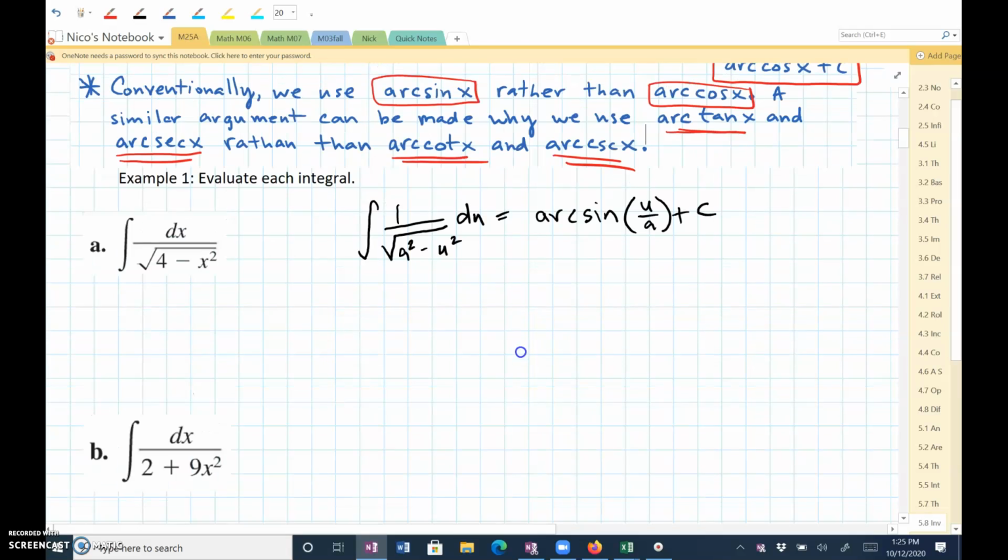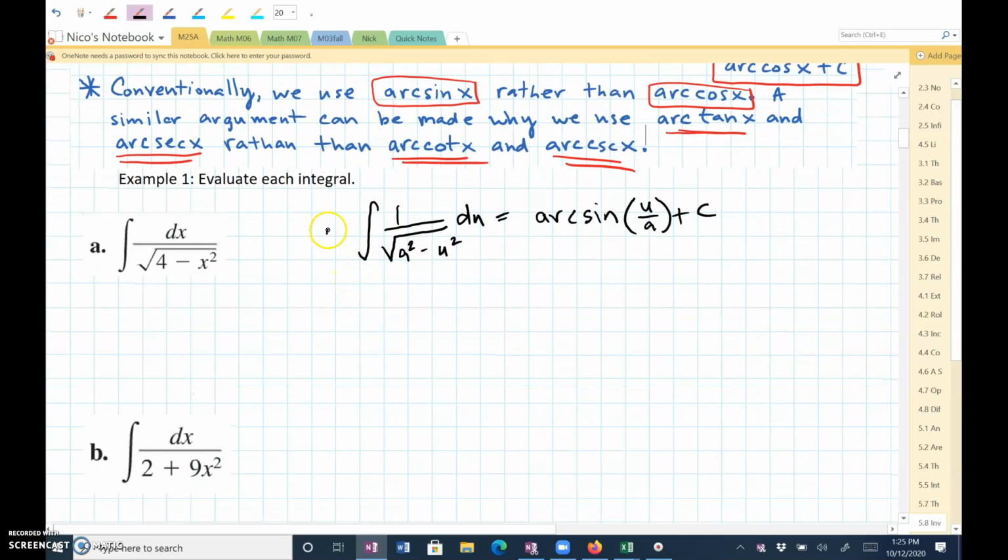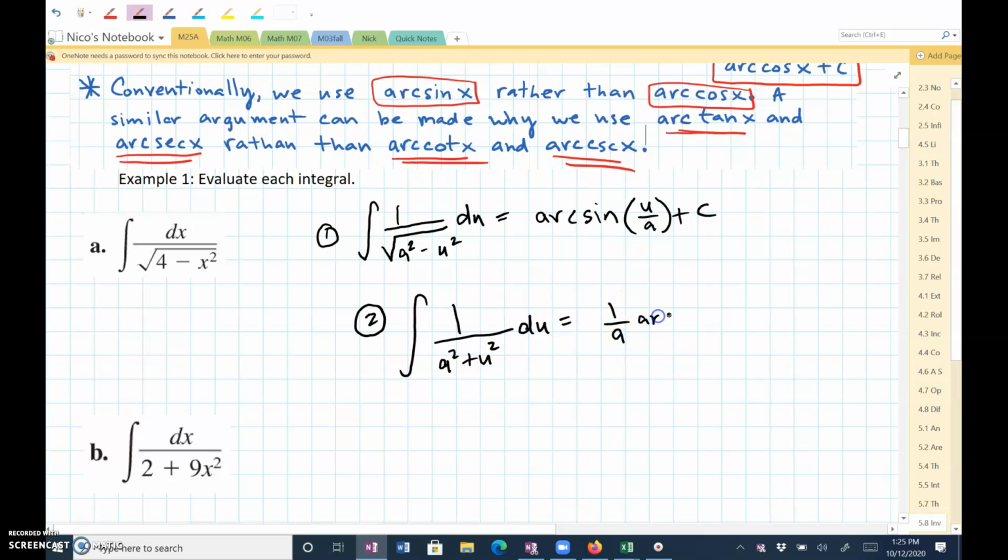So we need to figure out if we're using that one, or the integral of 1 over a squared plus u squared du, which equals 1 over a arc tangent of u over a plus c.